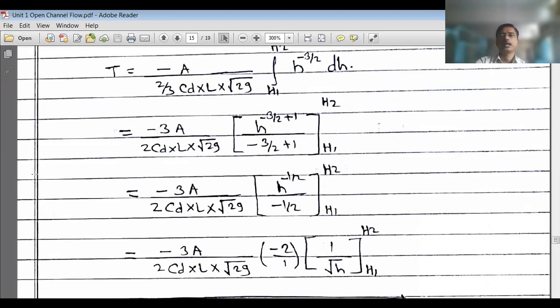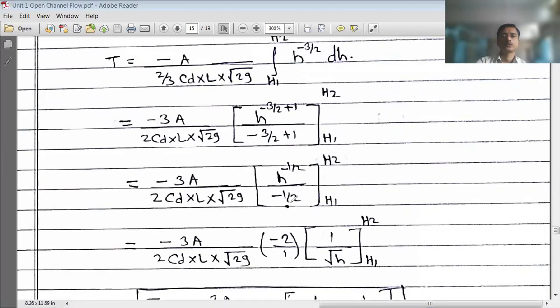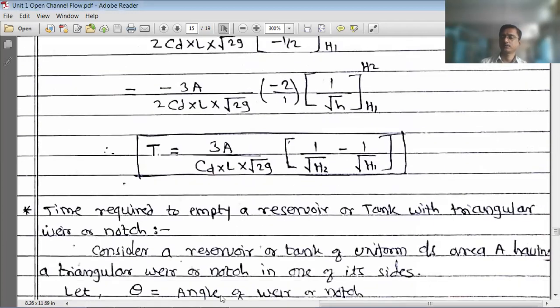Now see here, as this is minus 1 by root h, you can read it like this, and it can be written as 1 upon h raised to 1 by 2, or as 1 upon under root of h. And then after that, the limits h1 and h2 have been put inside this, and you will get like this.